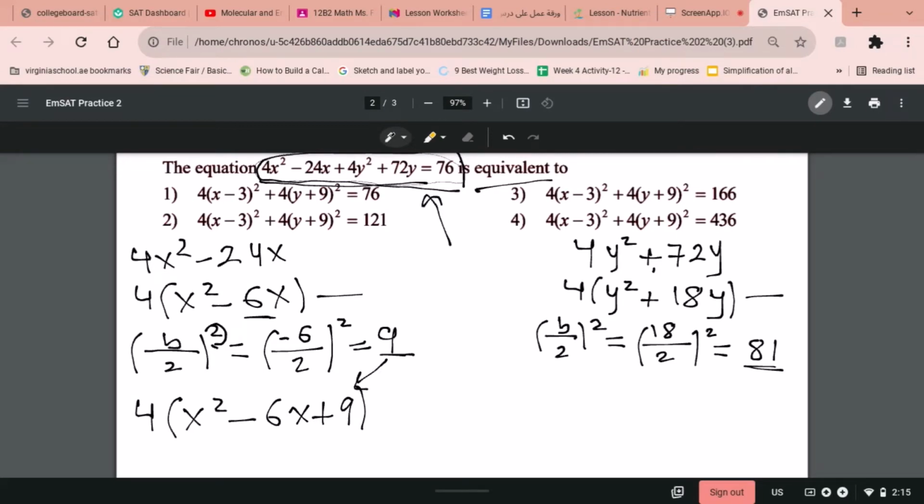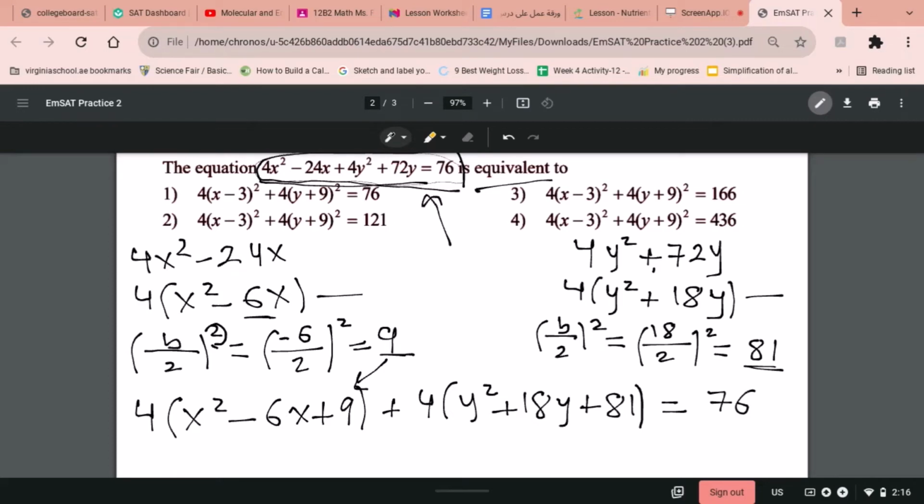Then the second one is plus 4 times (y squared plus 18y plus 81), equal to 76.